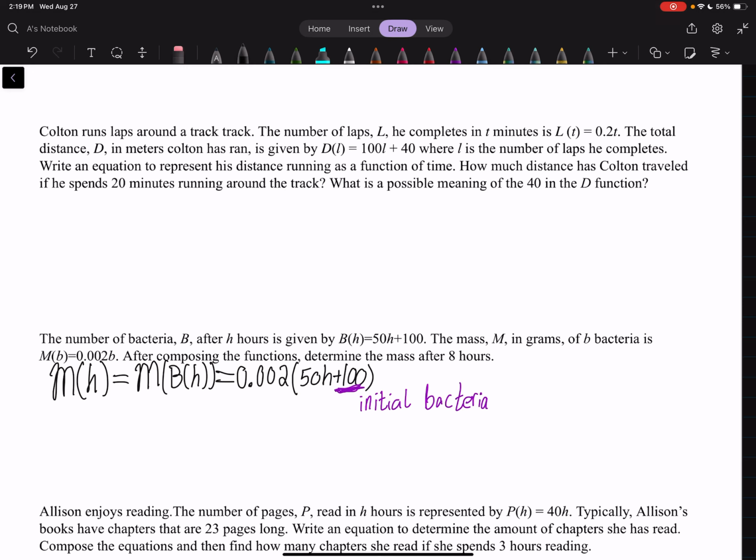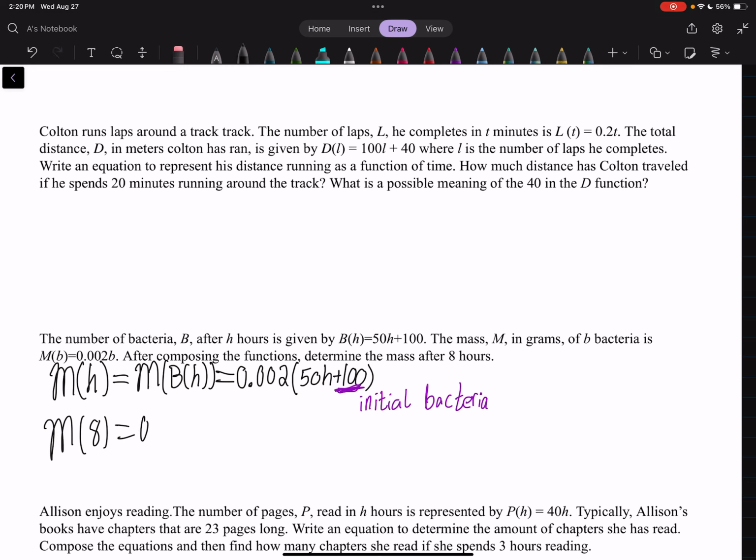All right, now let's solve the rest of it. Determine the mass after 8 hours. So this is going to be M of H of 8. And I'm writing this, it's really M of B of 8, but for simplicity's sake, I'm just writing that, where 8 is the H value.